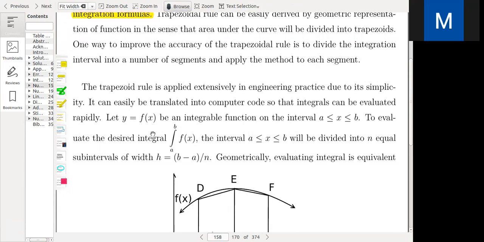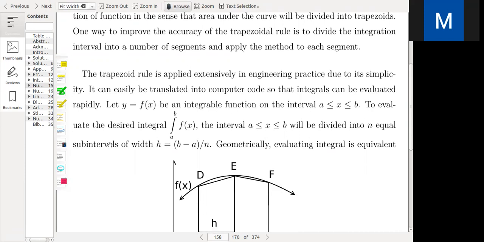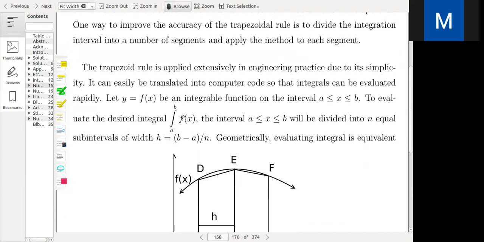Let y equal f of x be an integrable function on the interval a to b, such that x lies between a and b. To evaluate the desired integral from a to b of f of x, the interval will be divided into n equal subintervals of width h equal to (b minus a) over n.